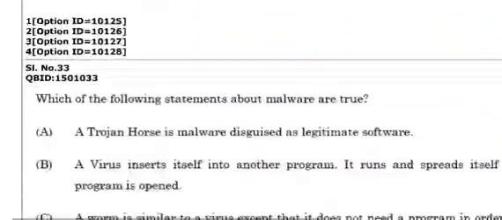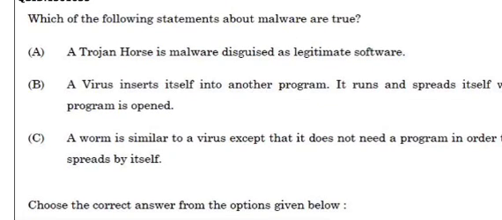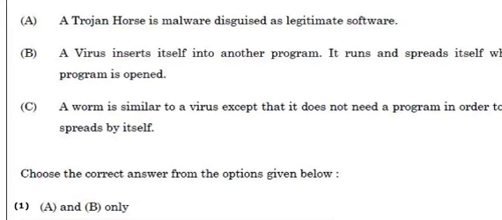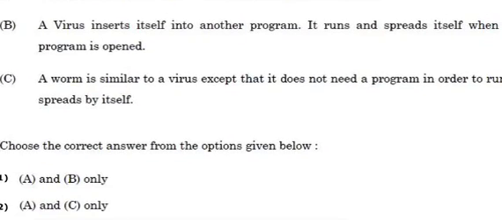Next, 33. Which of the following statements about malware are true? Malware, you all know, is found in computers or electronic devices, especially where we have artificial intelligence. A, a Trojan horse is malware disguised as legitimate software. B, a virus inserts itself into another program.